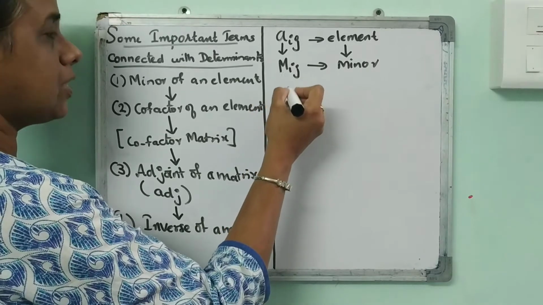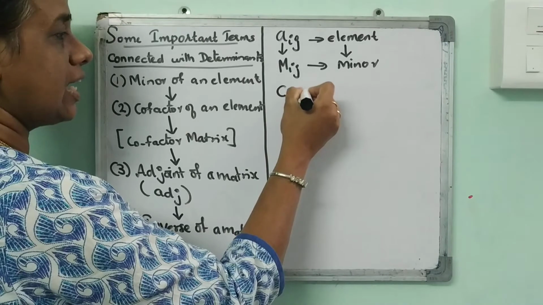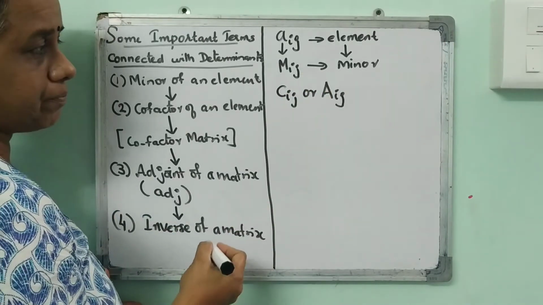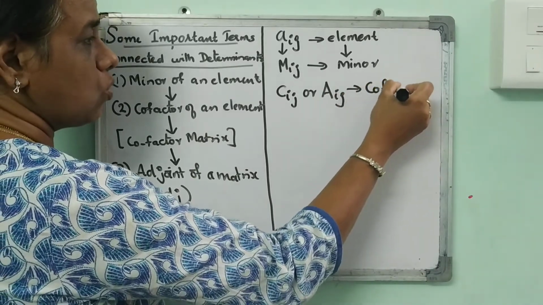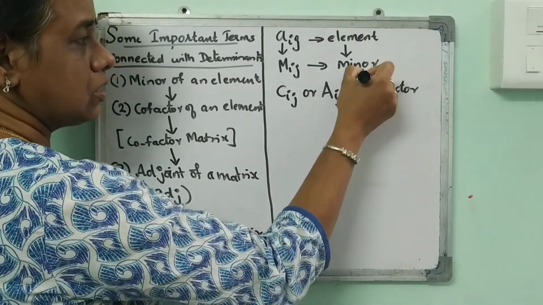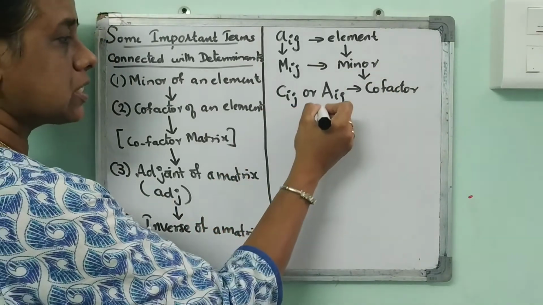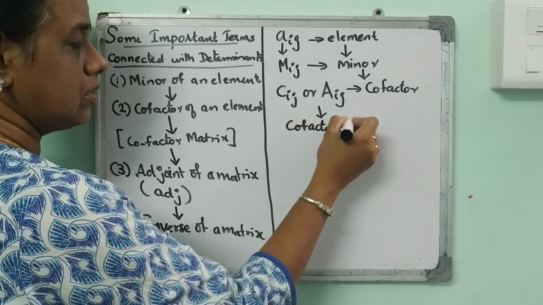And corresponding to that, its cofactor is denoted as Cij, or you can even use capital letter Aij. So this is what we call the cofactor of an element. So I told you all these are connected. Okay, and with this we form the cofactor matrix.